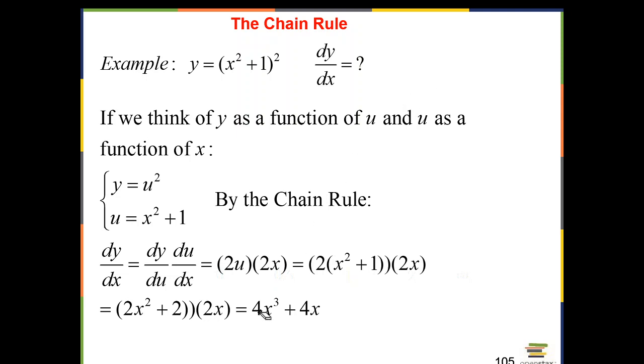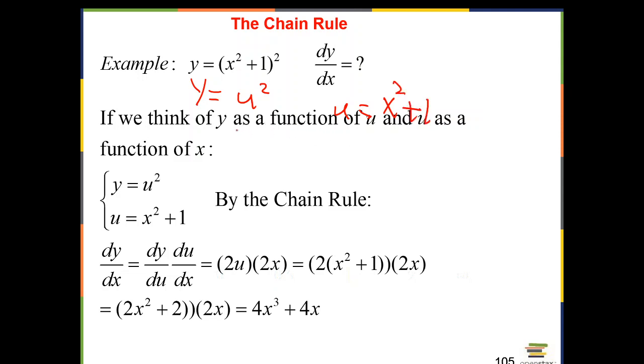So the answer is basically 2x times, what did I do here? Yeah, that's what it is. So the derivative is, I use u and separated this. You don't have to. You can think of this as y equals u squared, and u equals x squared plus 1.